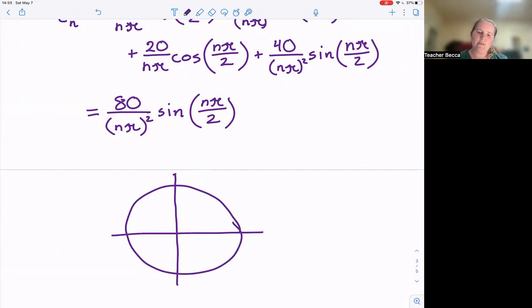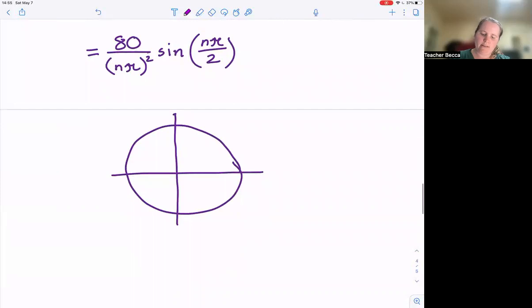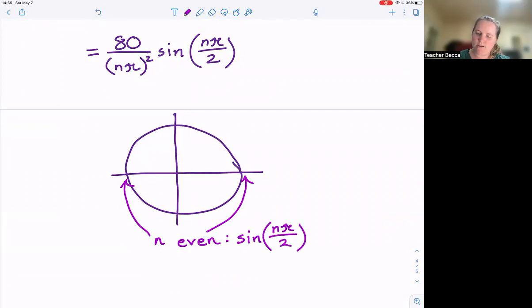So for n even, we're on the x-axis. So for n even, we get the sine of n pi over 2 is just 0. And so we get that our c sub n is 0 for n even.